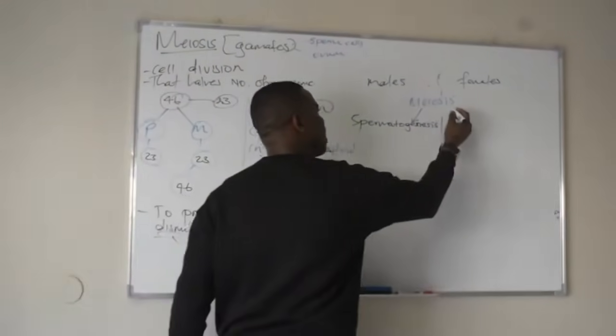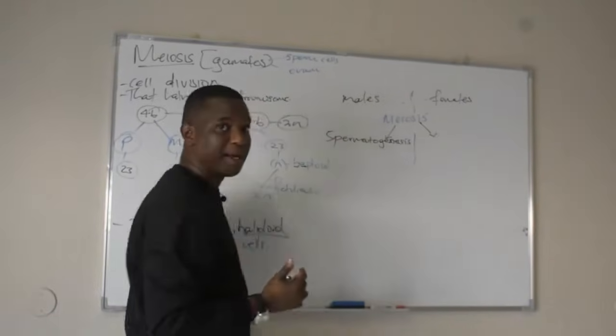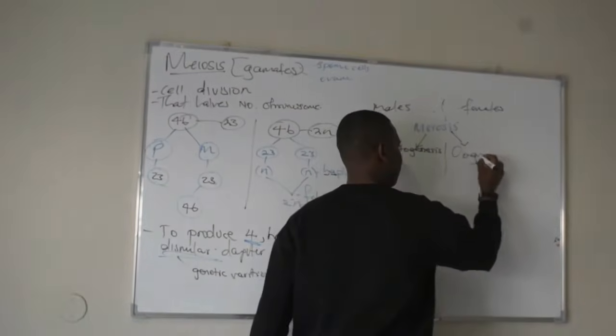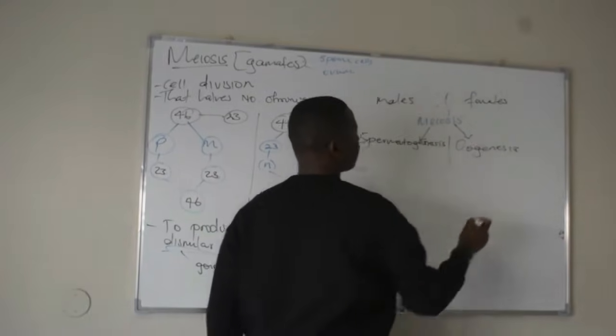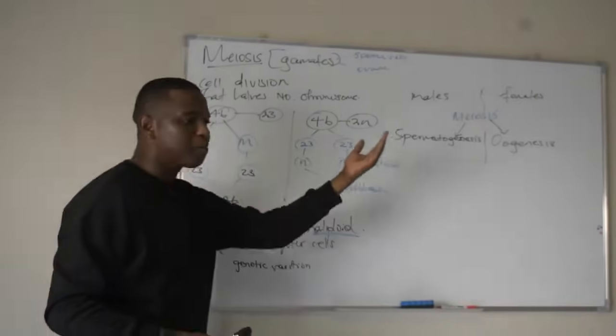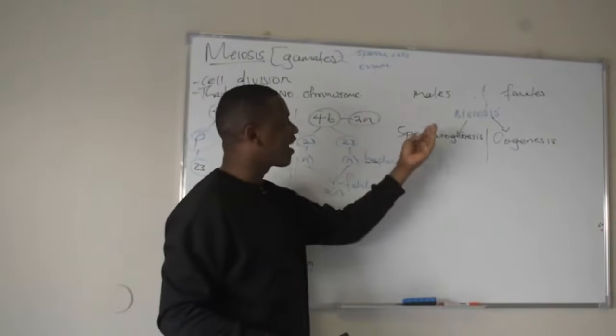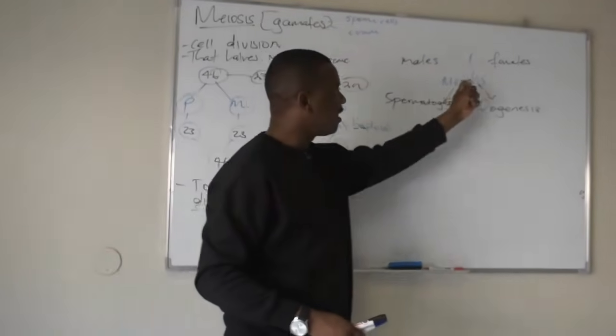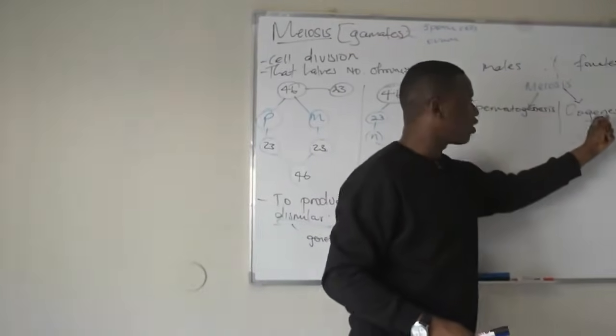And what is the meiosis occurring in females going to be called? Obviously, it's going to be oogenesis. Right? So these are two forms of meiosis. This one occurs in males, it's called spermatogenesis. This one occurs in females, it's called oogenesis.